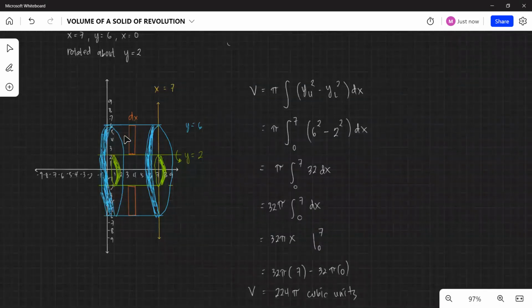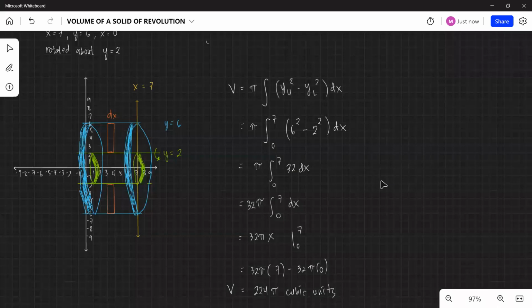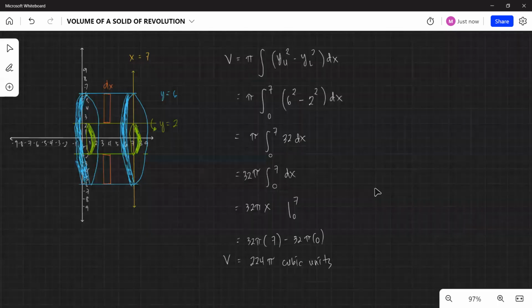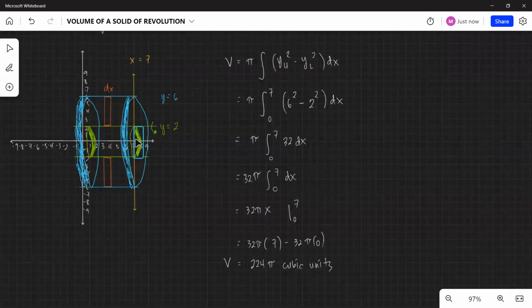Basically it's two cylinders. Let's double check the volume of the bigger cylinder, pi r squared h. The radius of the bigger cylinder is 6, so 36, times the height, which is 7.